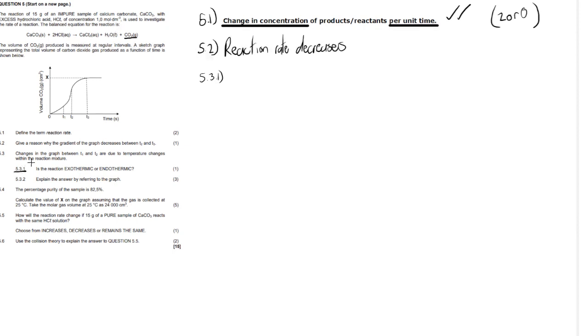It increases the reaction rate, right? So if I've got a reaction rate between T1 and T2, this gradient is actually increasing. And if the gradient is increasing, that means that the reaction rate is increasing. That means this is an exothermic reaction. Is it exothermic or endothermic? Exothermic. That's right.